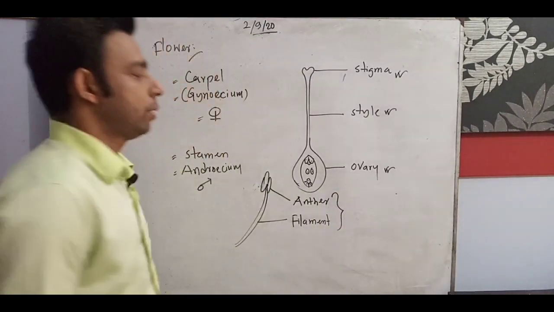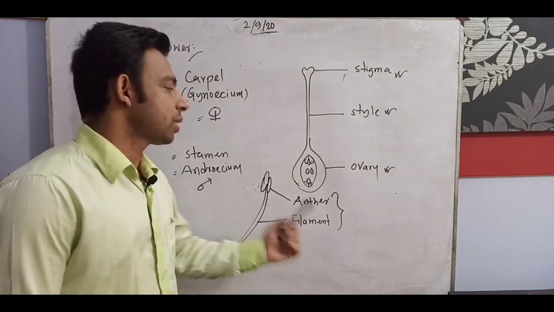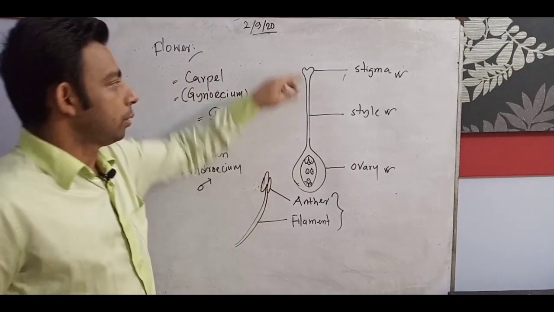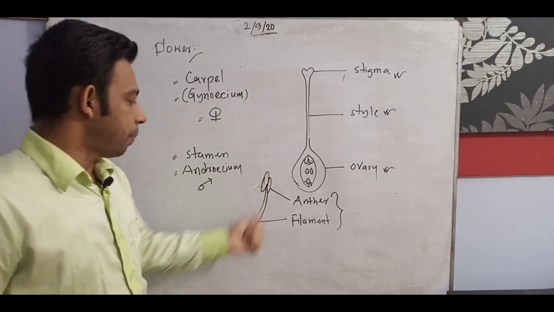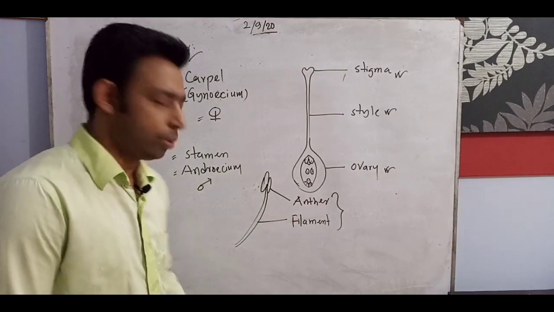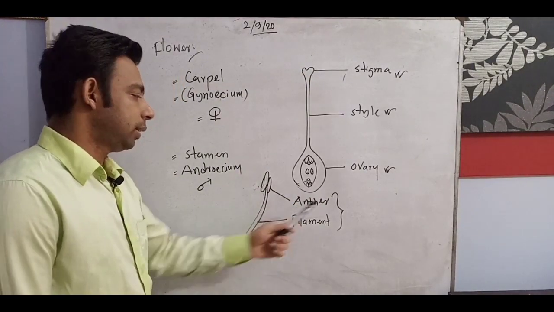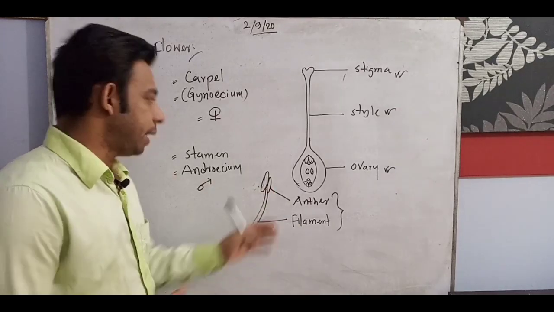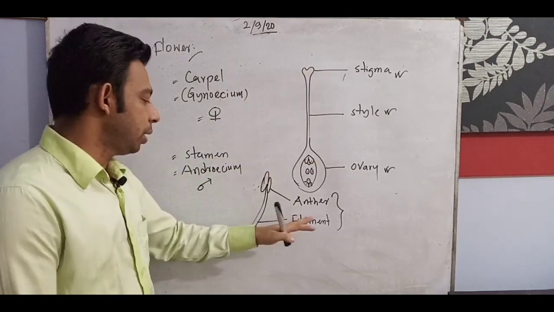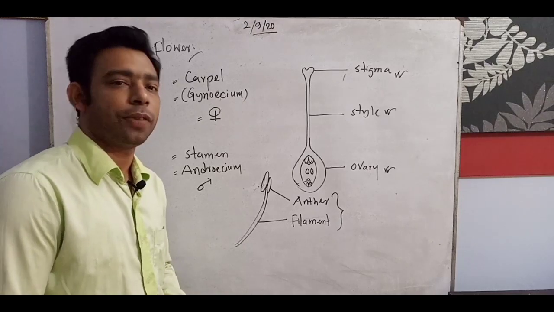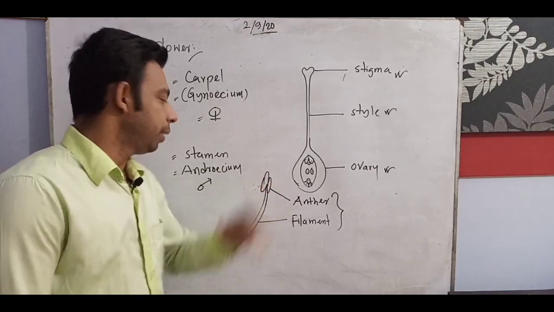Why is it needed? Of course, it is needed to know, because when we draw the figure, we don't know what part is being mentioned there. So this is the anther, which contains the pollen grain needed for fertilization, and this rod-like structure is the filament. So anther and filament.